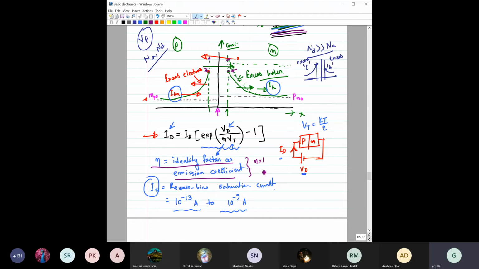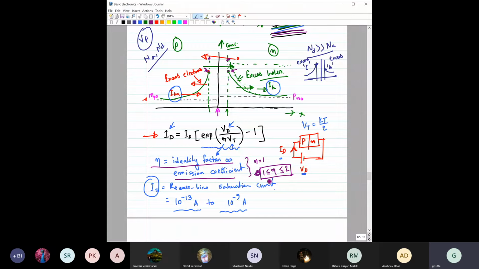So overall, you can say this ideality factor lies between 1 and 2. For your understanding, this much is enough, but in some places we have also seen ideality factor higher than 2, but that is fine.